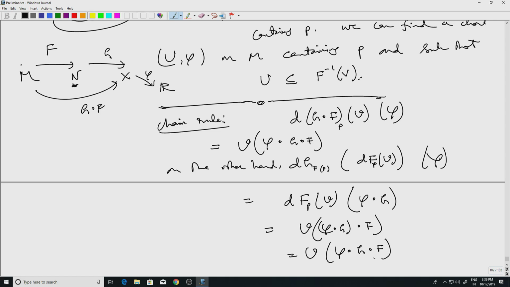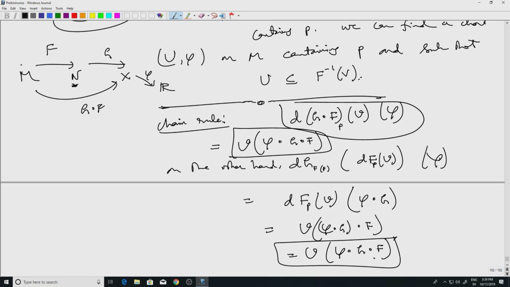So I end up with this, which is the same as what I started with. So this was the derivative of the composed map, and the composition of the derivatives also gives the same answer.